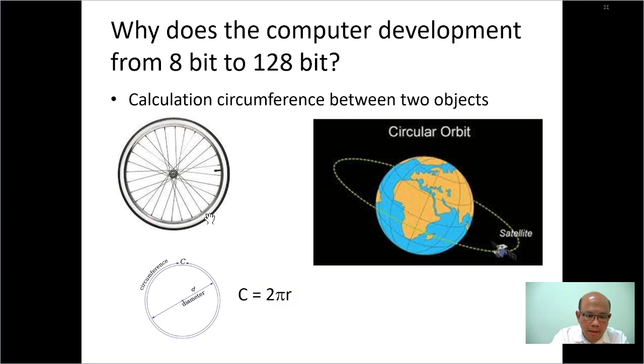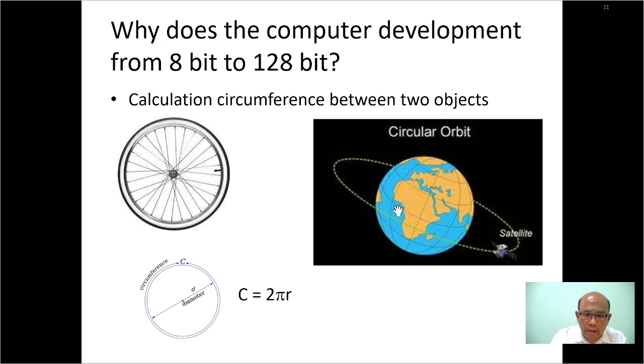This is the calculation of a circumference. It uses the same equation with a few more parameters when you calculate the circular orbit, but it is different in size. This one is small and this one is very large.